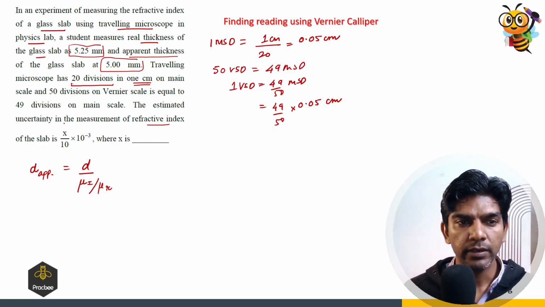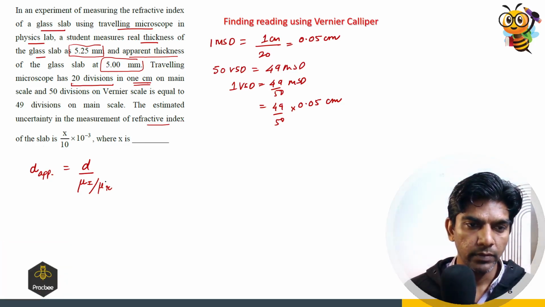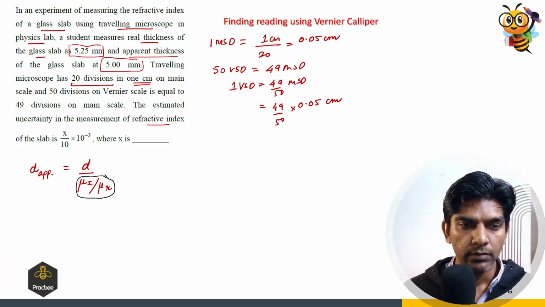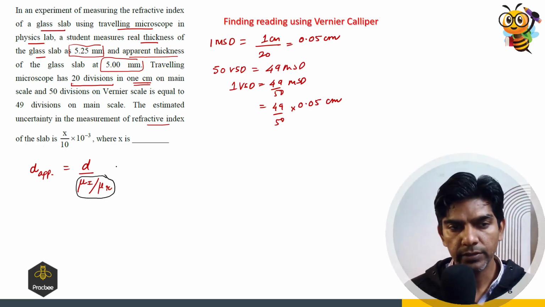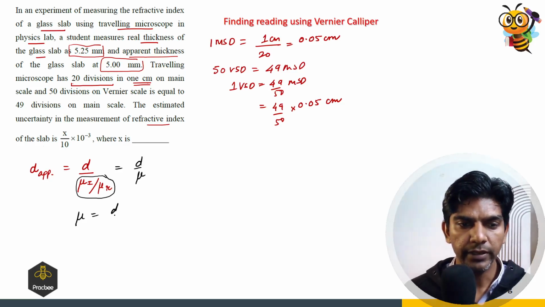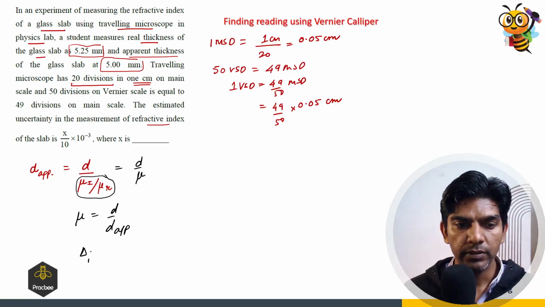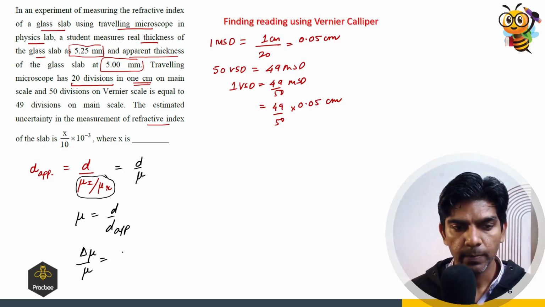And we have to find the uncertainty in the measurement of refractive index. So basically, here the medium of refraction will be air, so we can say this will be d by mu. So mu is d by d apparent. So the relative error in mu will be sum of the relative error in the actual depth and the apparent depth.